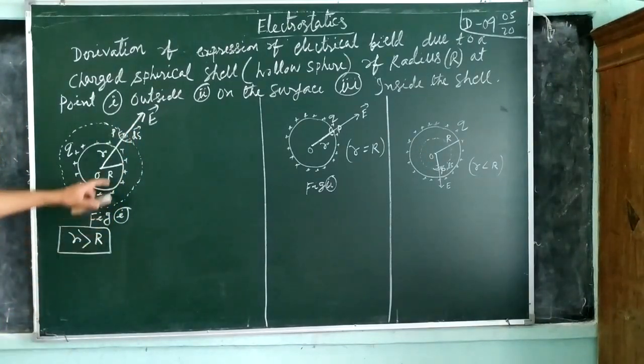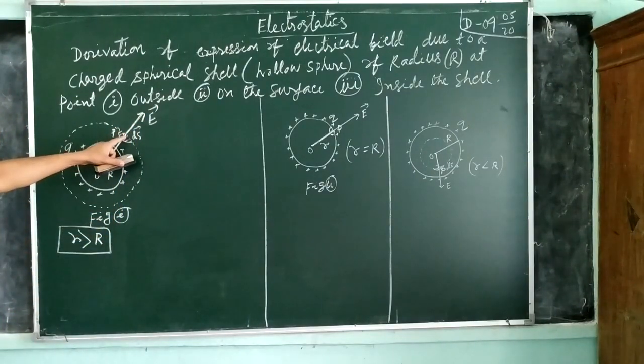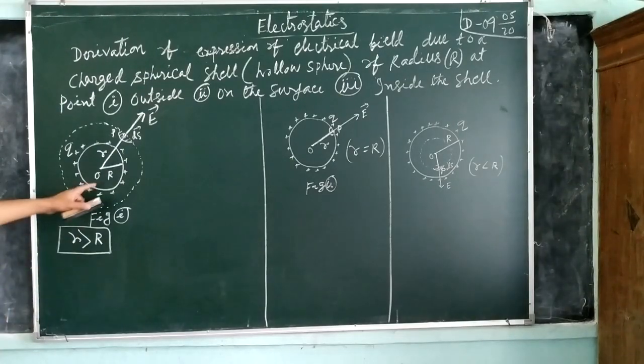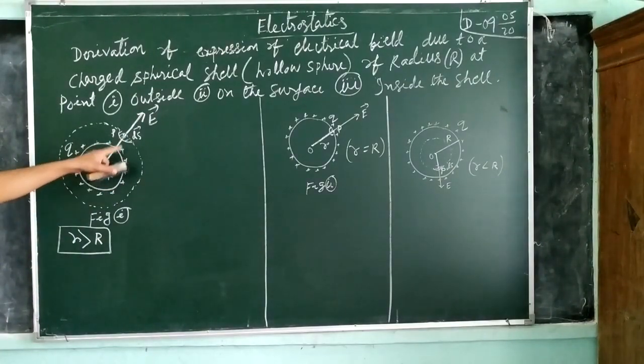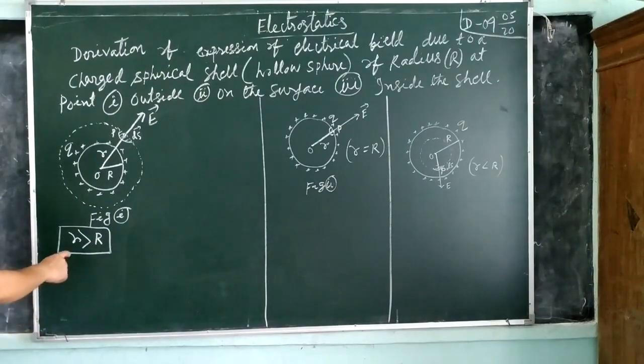Here we have considered this P point. We have to find the electric field at this P point, which is at a distance of small r from the center of the spherical shell, as shown in figure 1. It means small r is greater than capital R, where capital R is the radius of the charged spherical shell or hollow sphere.